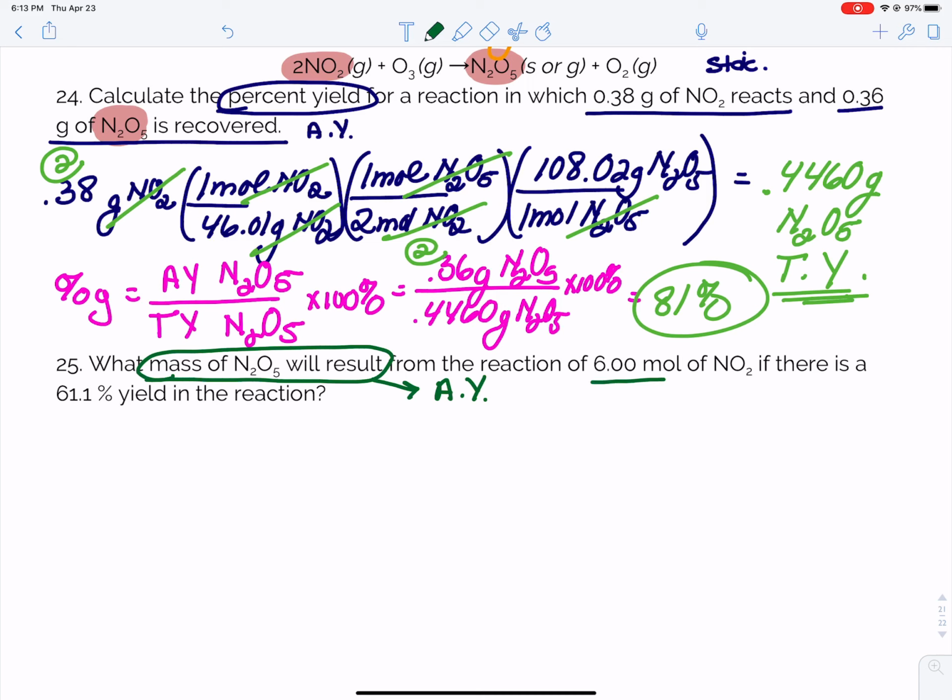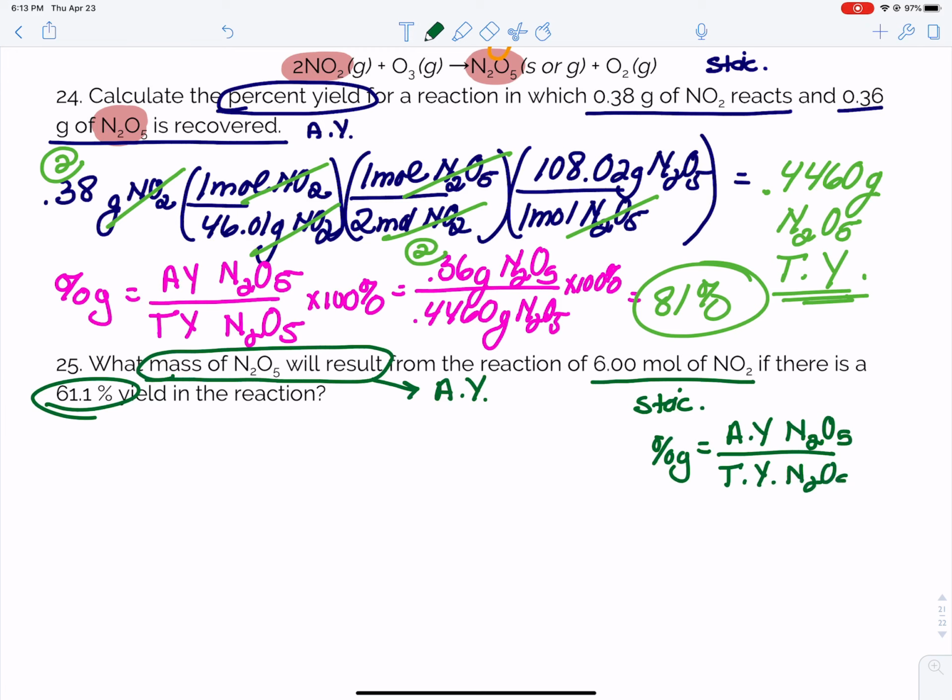6 moles of NO2. That's a reactant. That's what I'm going to start my stoichiometry with, and I have my percent yield. Percent yield is the actual yield of, what is the question asking me? N2O5, that's what I want to solve for, over the theoretical yield of N2O5.